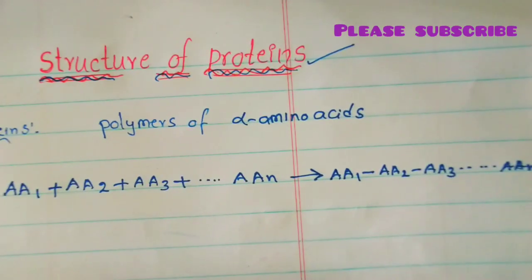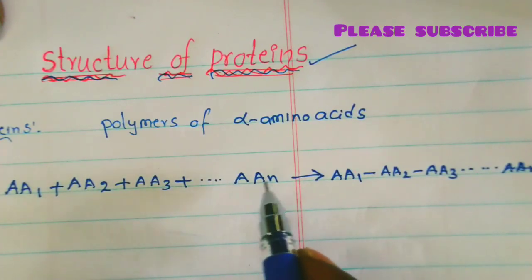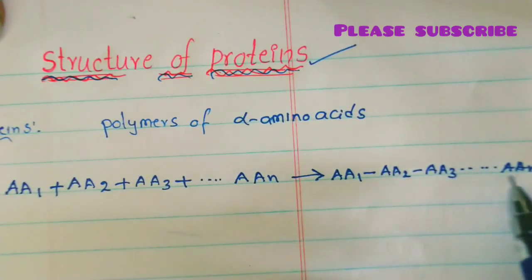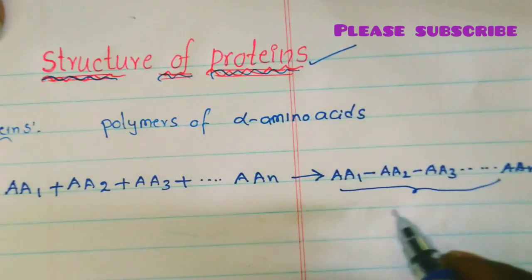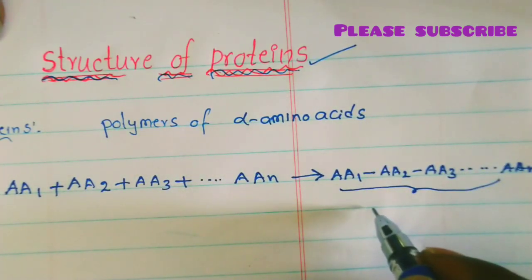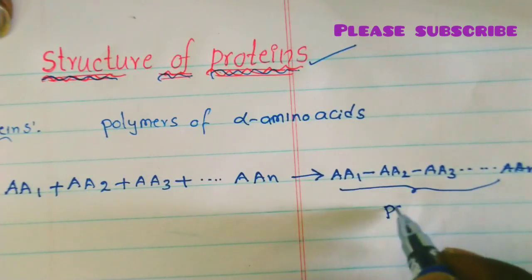See this one? That means here monomers are joined together to form a polymer. So this polymer is called as a protein. Do you understand? Protein means it is a polymer of the alpha amino acids.